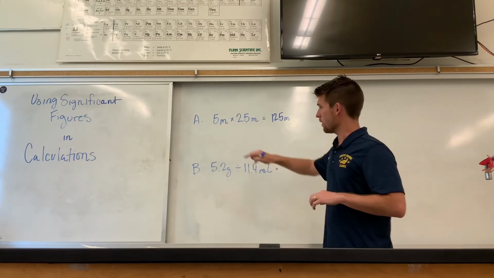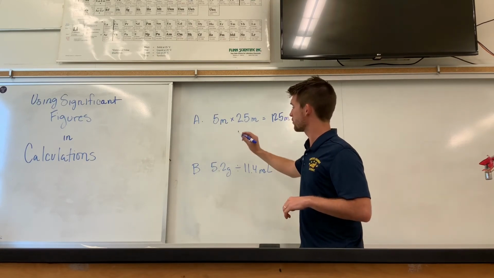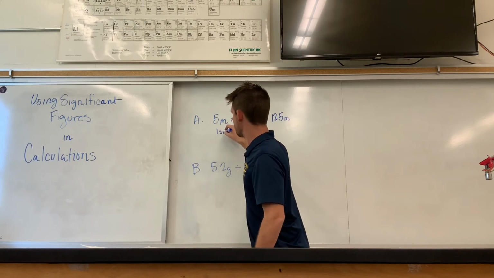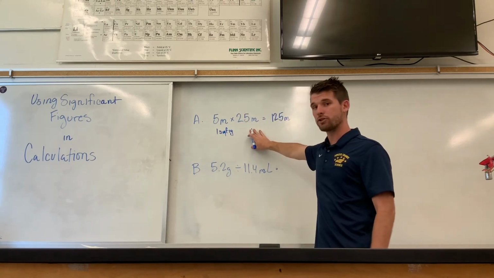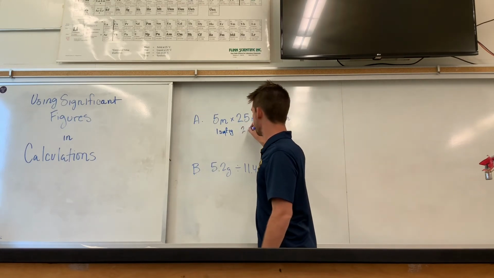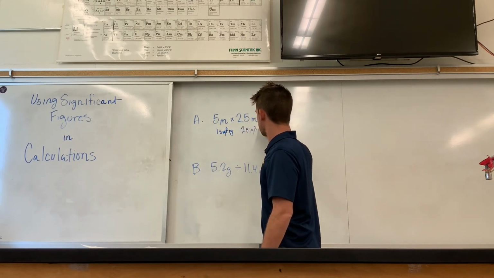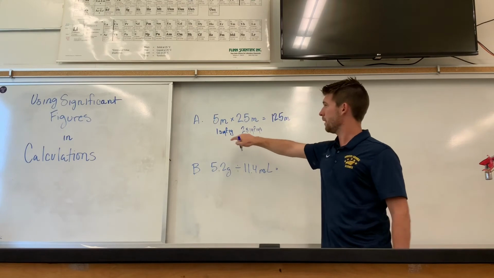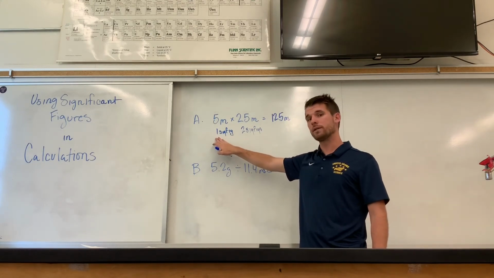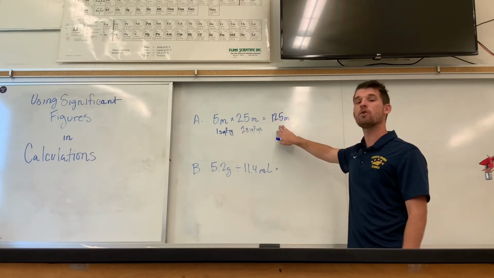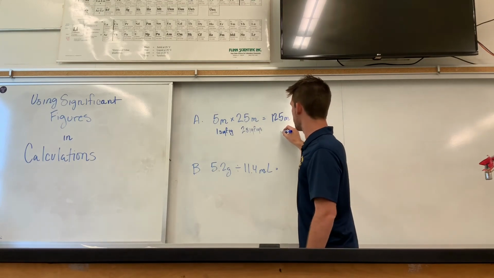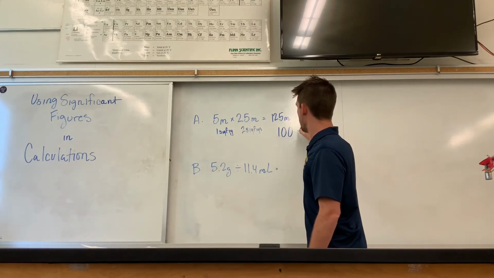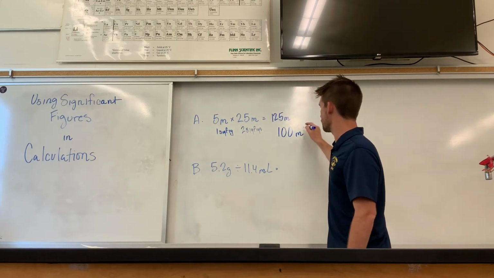So our first measurement, 5 meters, has 1 sig fig, and our second measurement has 2 sig figs. Because the smallest one is 1 sig fig, our answer can only have 1 significant figure as well. So we need to round our answer. So our final answer is going to be 100 meters squared.